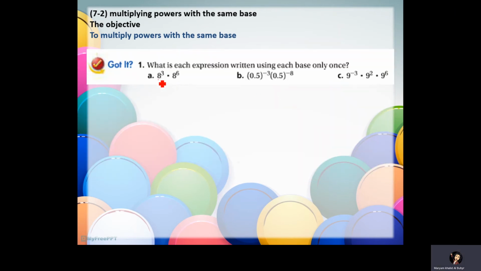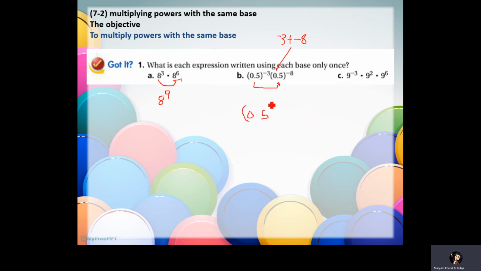So let's solve this one. 8 and 8 are the same base, so we will add the powers. 3 plus 6 is 9. Now, look at this one. Same base, we will add the powers. Once I add the powers, plus 3, minus 3, minus 8, that will be minus 11.